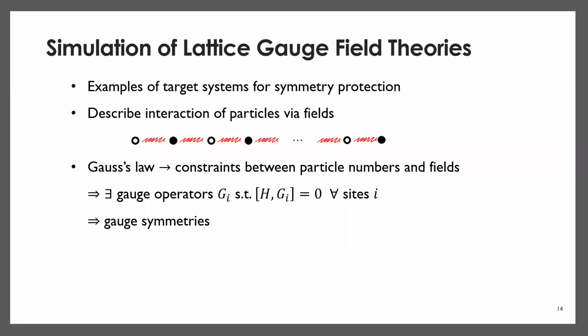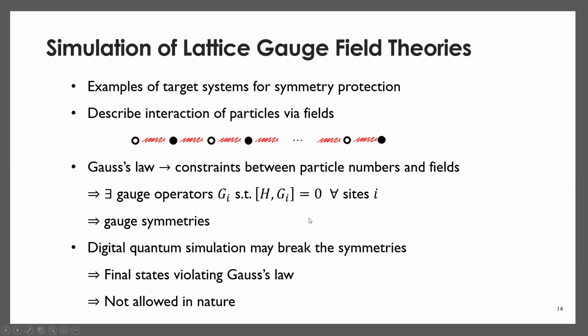And they form what we call a gauge symmetry that the system has to respect. But in a digital quantum simulation, because of the Trotter error, this gauge symmetry may be broken, and we end up with a final state of the simulation that sometimes violates the Gauss law. Such a final state is not allowed in nature.